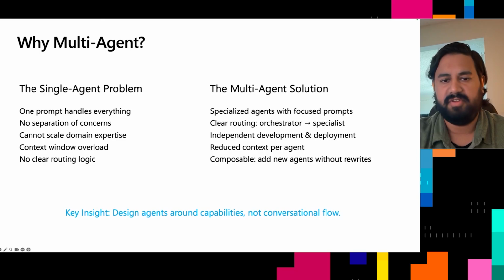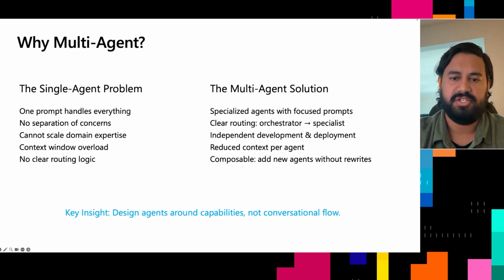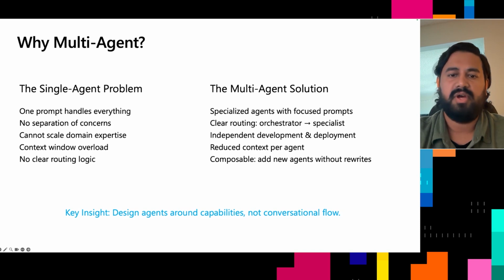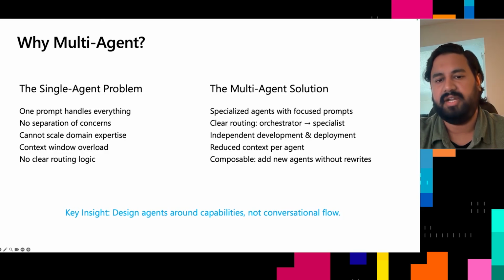On the right-hand side, we have the multi-agent solution. Instead of one monolithic agent, you have specialized agents, each with a focused prompt and a specific set of tools. An orchestrator sits on top and routes the user's request to the right specialist based on the intent. This gives us a few big wins.